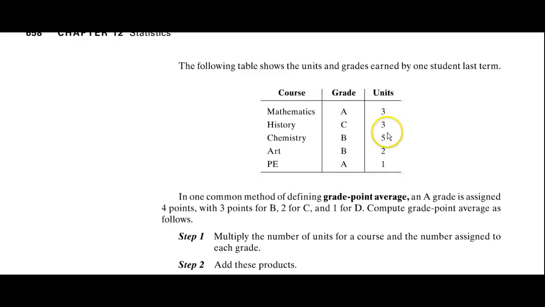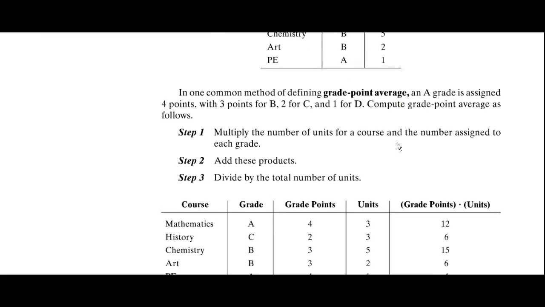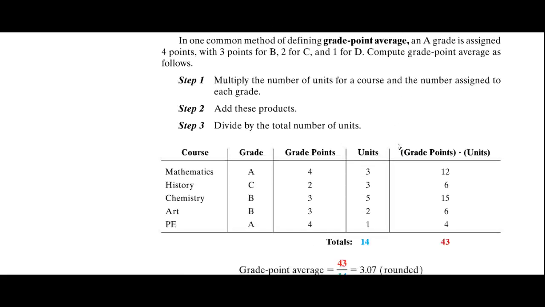So the units of credit associated with the grade, but then to find the grade point average, the protocol for doing it is to multiply the number of units for a course and the number assigned to each grade, add these points, and then divide by the total number of units.